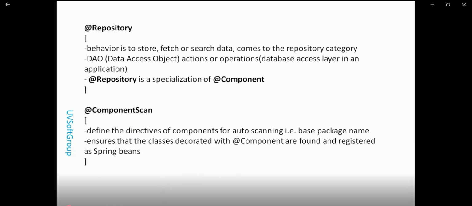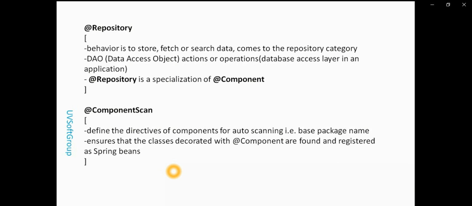And then you have the repository annotation, whose behavior is to store, fetch, and search data, which comes under the repository category. You see the data access object actions and operations based on the database layers in the application. Repository is a specialization of the component. So for every domain you have a default repository, like CrudRepository, one example. You have a PagingAndSortingRepository.